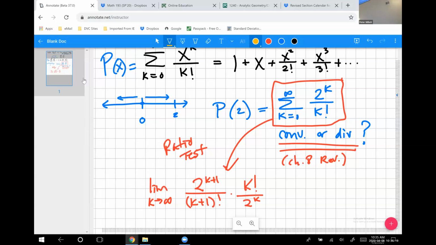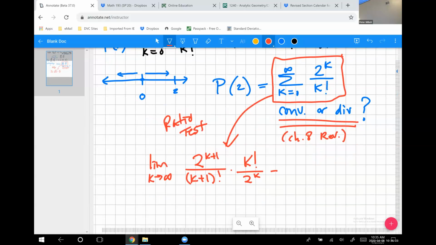So let me rewrite this to make it easier and more obvious. This is equal to the limit as k goes to infinity of 2 to the k plus 1 over 2 to the k, times k factorial divided by k plus 1 factorial.